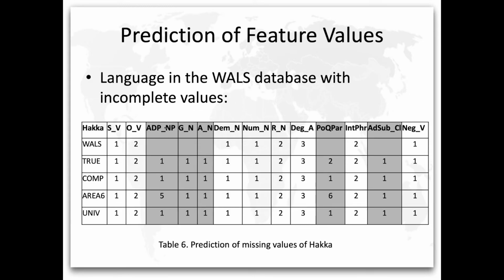And this is another language, Hakka. For this language, all 5 values are missing from the WALS database, so we decided the true values through elicitation from native speakers. And we can also see the Univ model has very good performance.